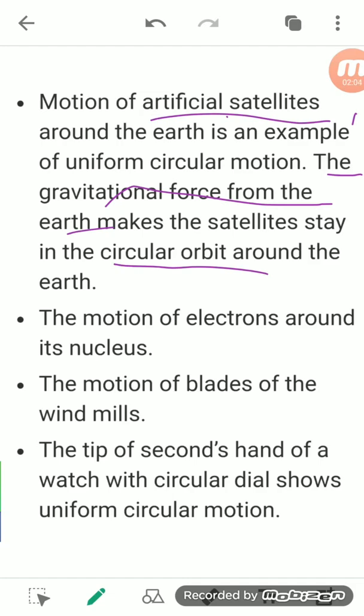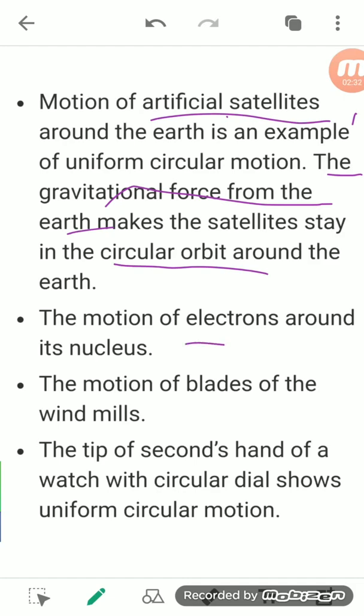Speed remains constant, but the velocity continuously changes, due to which the motion of the moon around the earth is accelerated. Again, it is the force of gravity of the earth acting on the moon that keeps it in the circular orbit around it. So there are a lot of celestial bodies that show circular motion.